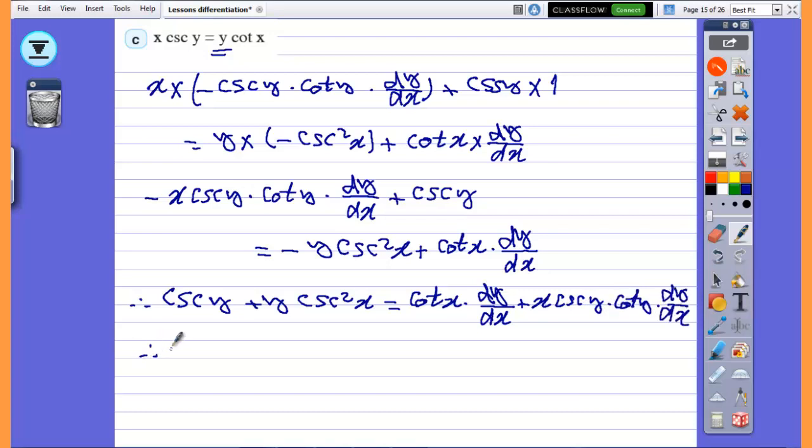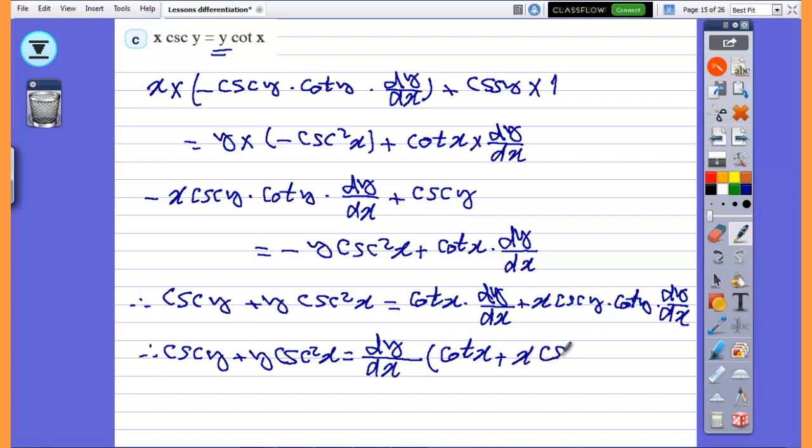So cosec y plus y cosec square x equals, by taking dy/dx as a common factor, dy/dx times (cot x plus x cosec y cot y).